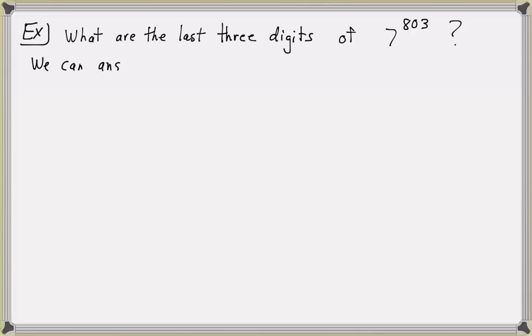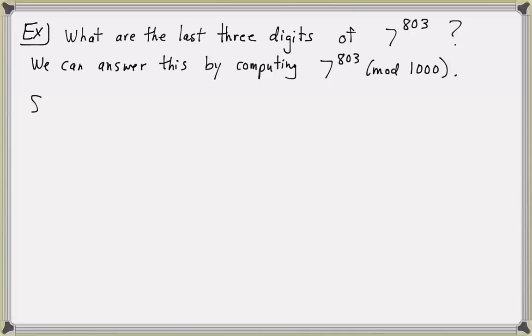So we can answer this question by computing 7 to the power 803 mod 1000 and using Euler's theorem. Well, the only primes that divide 1,000 are 2 and 5.